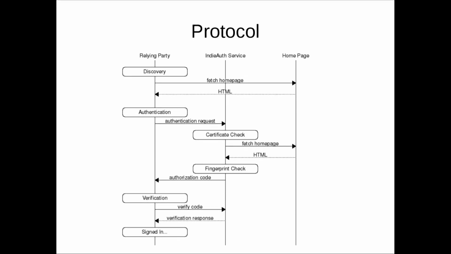Then that will ask for a certificate from your browser, then verify that you have the private key, then fetch your homepage again and see if the fingerprint is actually mentioned there. If that's done, then an authorization code is sent back to the relying party that then can be used to verify this code and confirm that you're actually logged in.